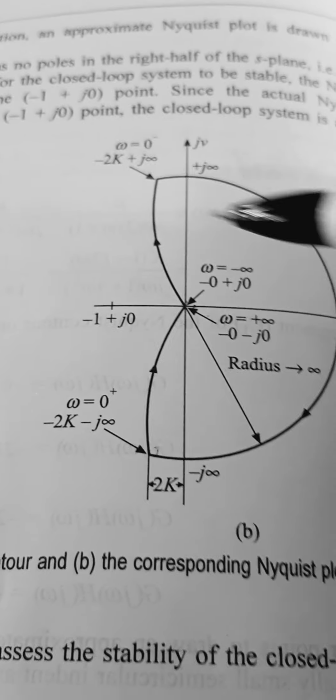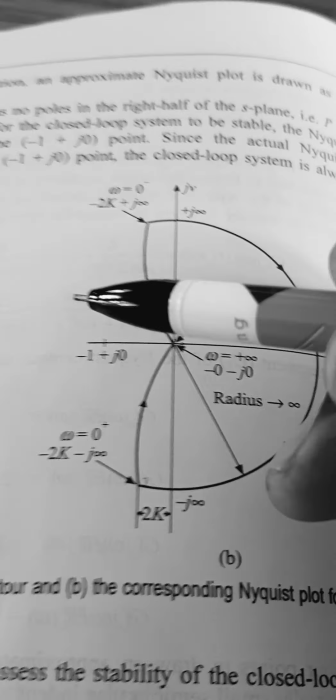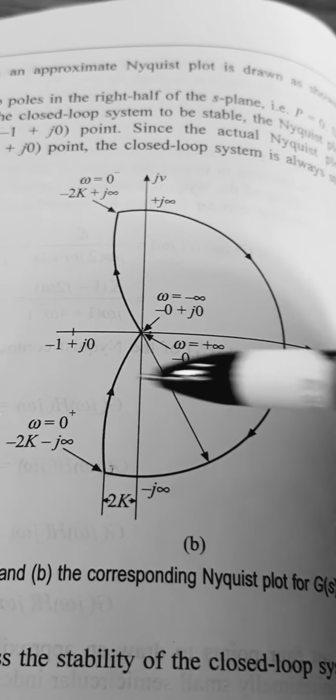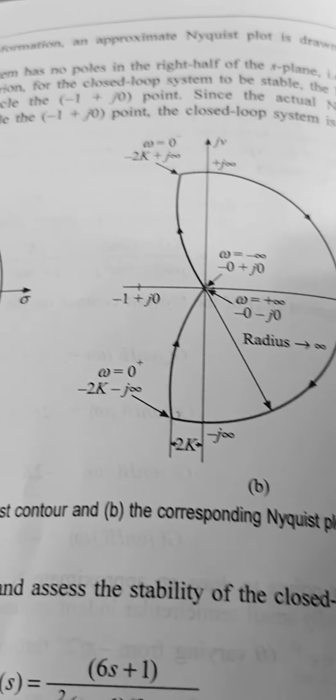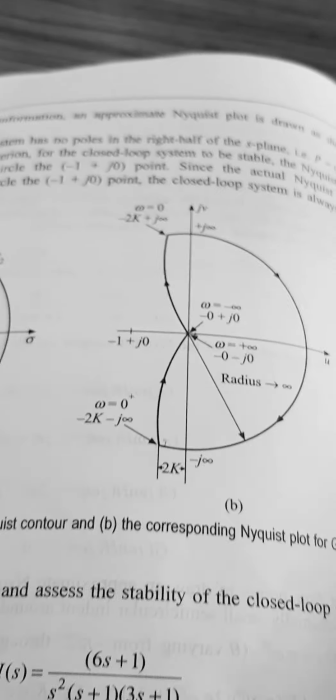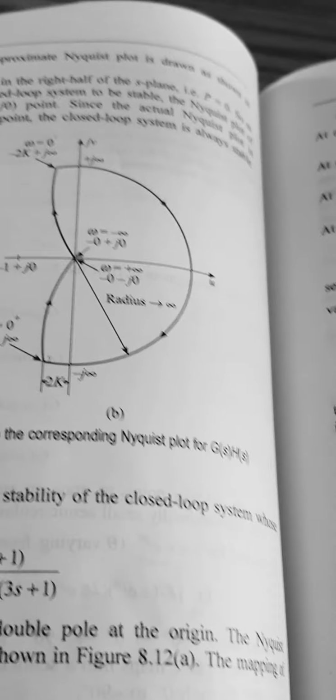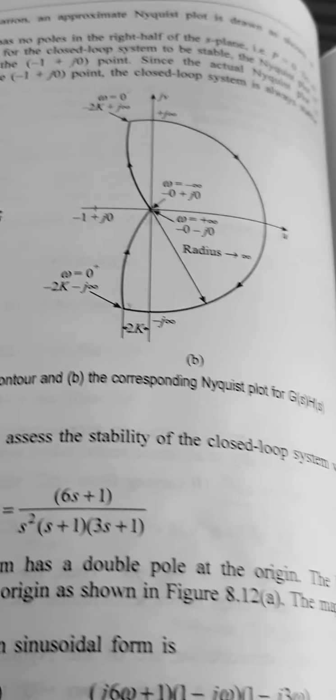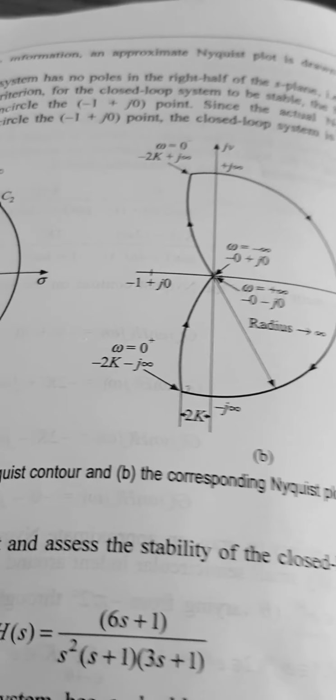From 0 to plus 180 degree, again it is 0. So totally it is 0. That won't come into effect, because it is 0 from minus 180 degree to 0 to plus 180 degree.